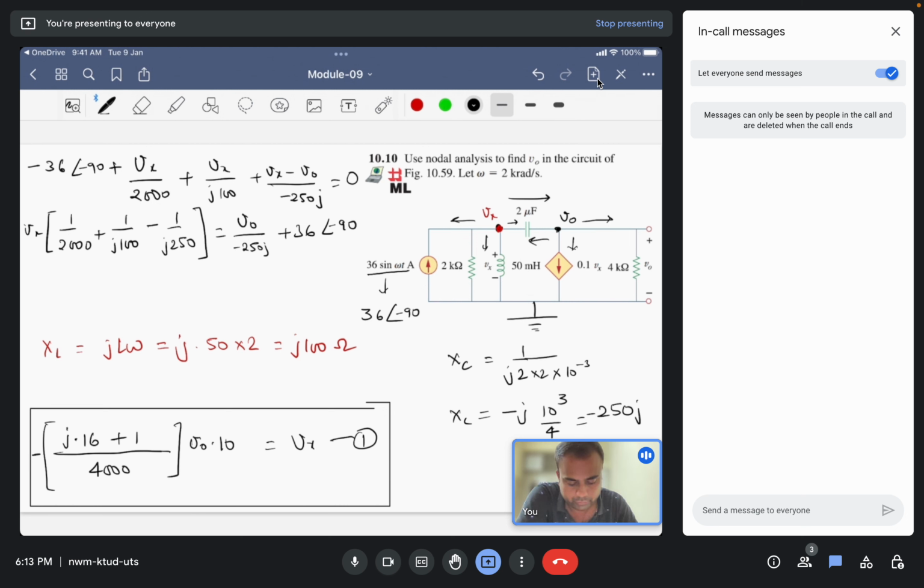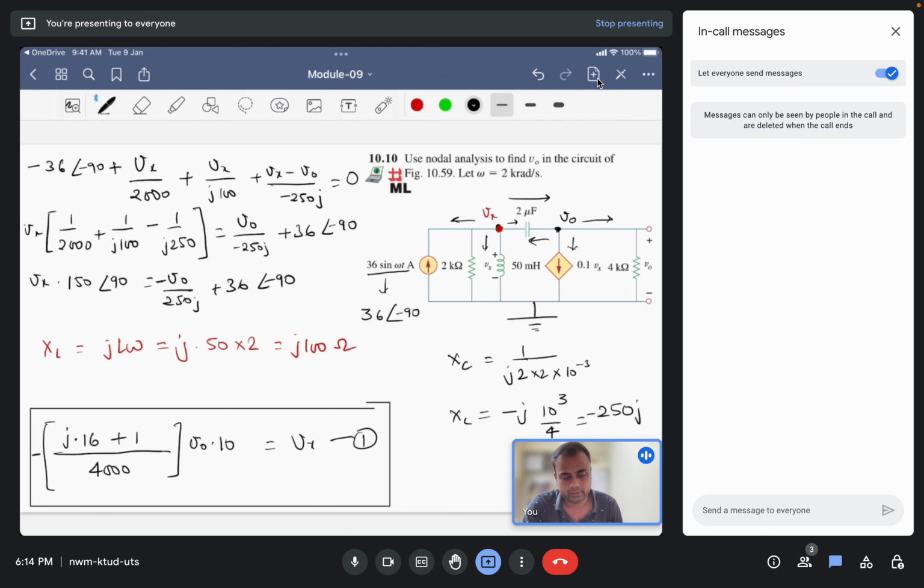Before substituting that, let us first of all simplify the terms in the square bracket. It is 2000 inverse plus 100 J inverse minus 250 J inverse. This comes out to 150. So Vx times 150, angle is almost 90 degree, is equal to V naught by 250 J plus 36 angle minus 90 degree.